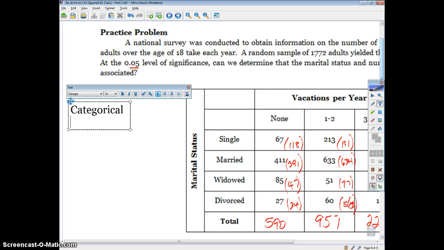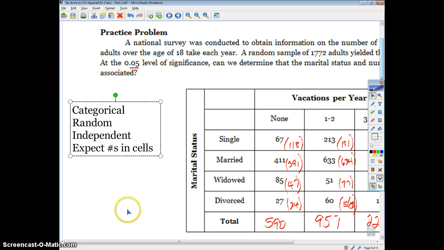Okay. Do we have a random sample? Yes, that's stated in the problem above. Independent. Okay. What single people do and married people do, widowed, divorced, all of these different groups are totally independent of each other, and the expected numbers in cells are sufficiently large.